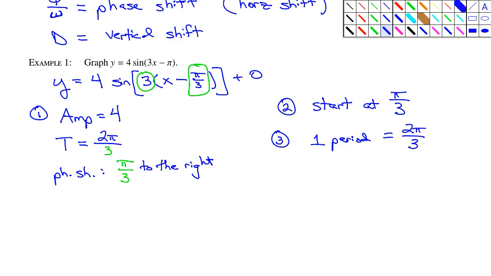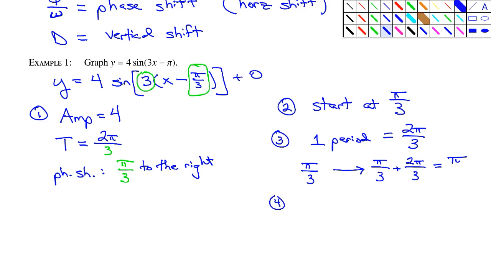In other words, it has a distance that goes over to the right, 2 pi over 3. So if we're going to start at pi over 3, and then we're going to shift over 2 pi over 3, the ending point for the period must be the sum of pi over 3 and 2 pi over 3, which is just pi. So I know I want to start at pi over 3 and end at pi.